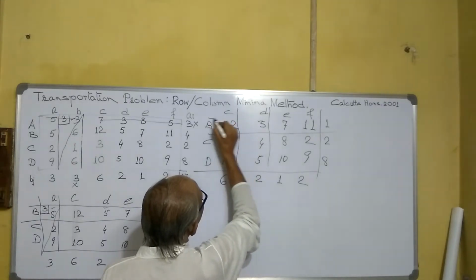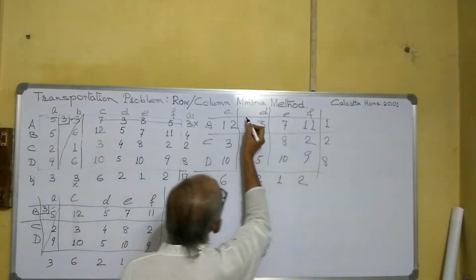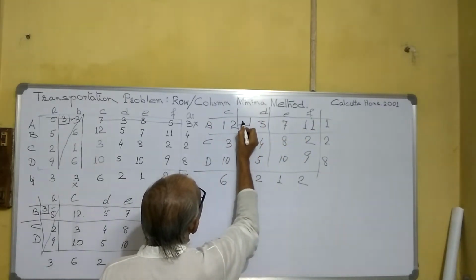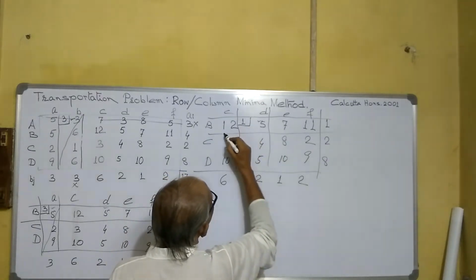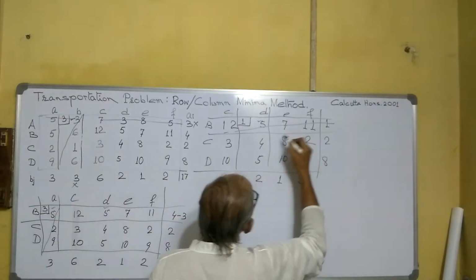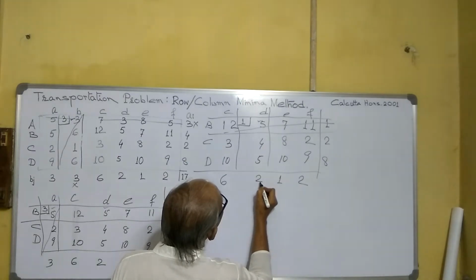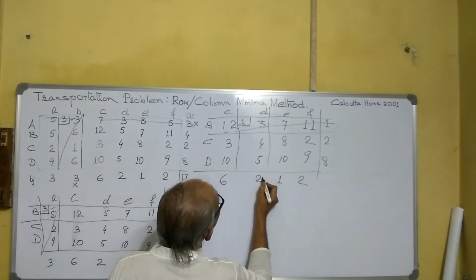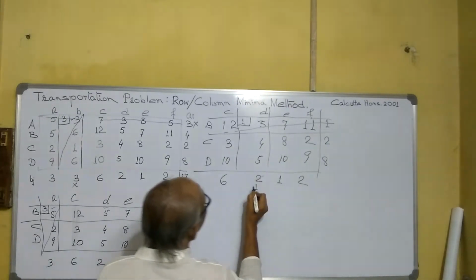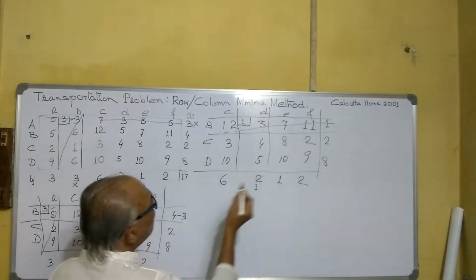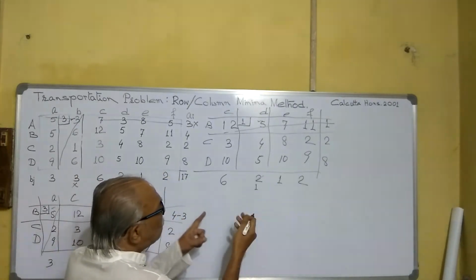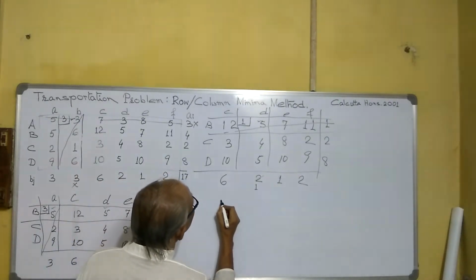We can supply only 1. So here available is no more, and the requirement remaining is 2 minus 1, which becomes 1. So now what remains? In every step we have to change the matrix.